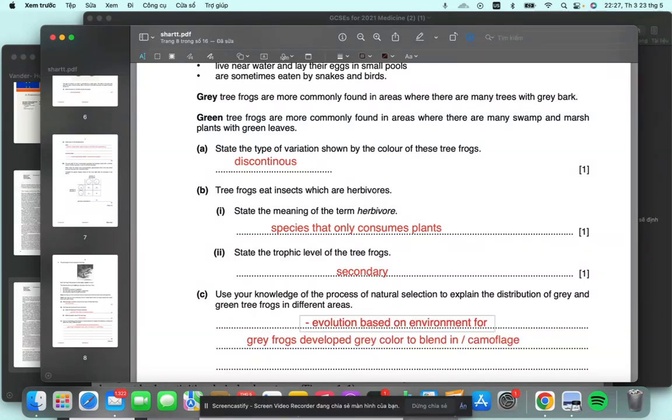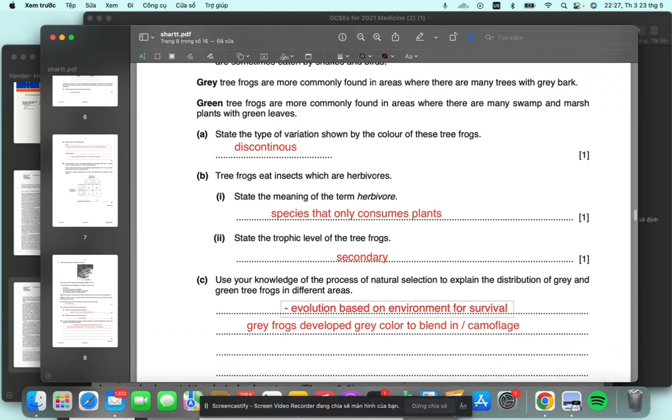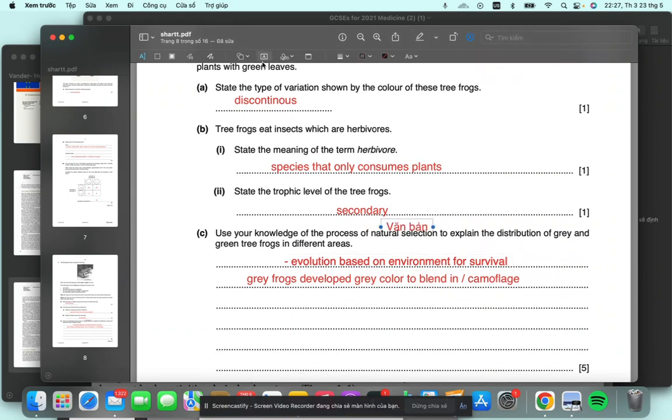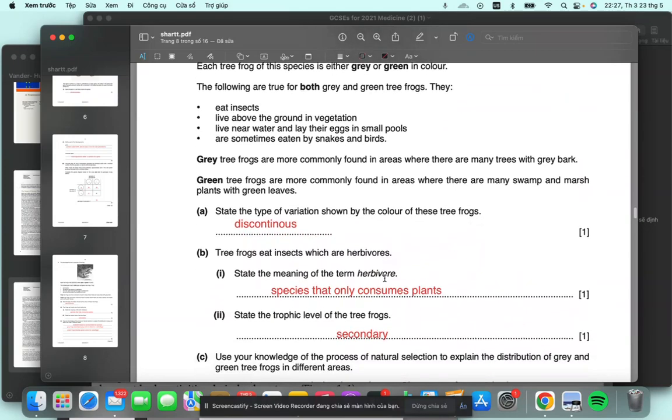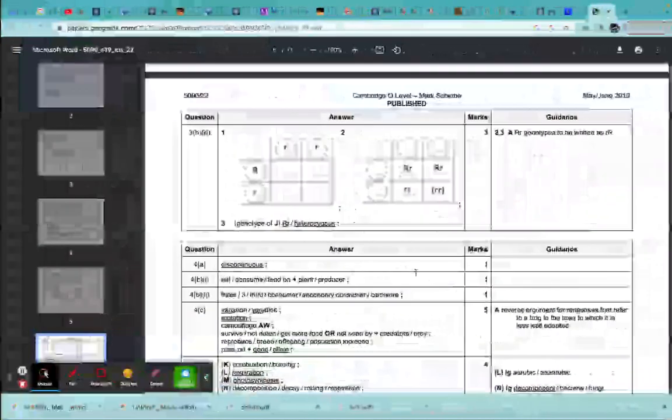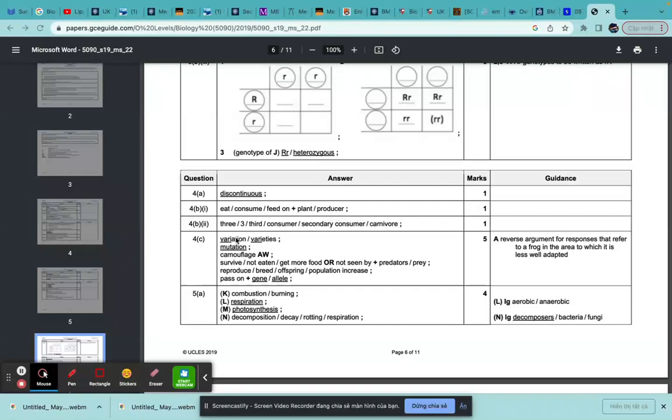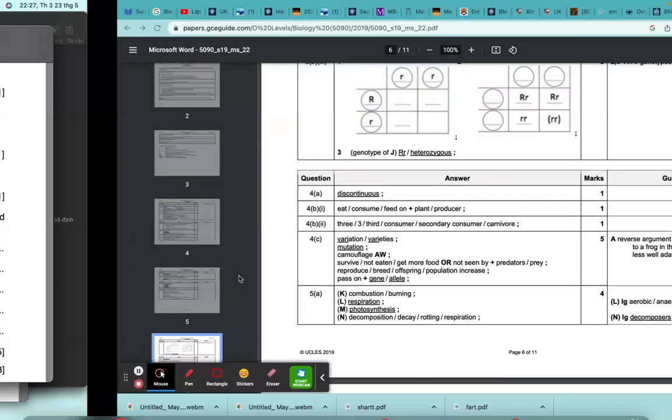It's always about survival. Green frogs develop green colors, camouflaging. What else? Swamp and marsh. Variation, mutation, camouflage, survive, to breed, to pass on.